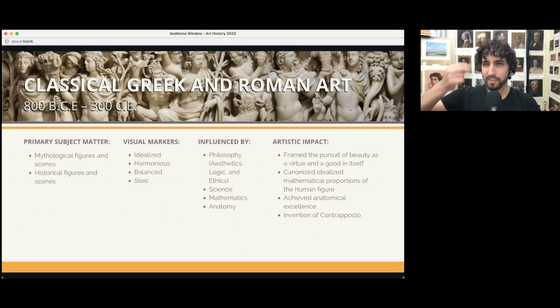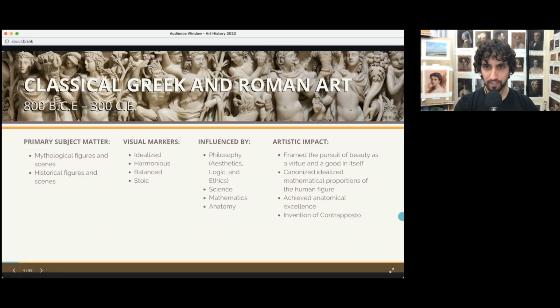So stoic is a visual characteristic that a lot of art movements that become inspired by the style of the ancient Greeks adopt, this stoicism visually, right? Any other important, so in terms of more artistic impact, the invention of contrapposto.